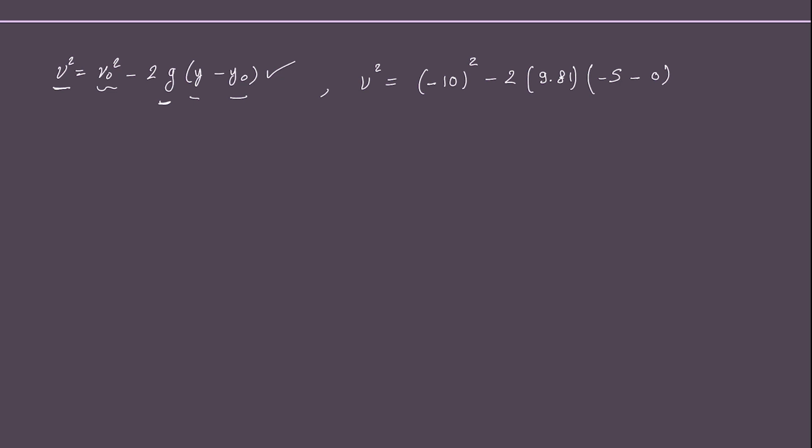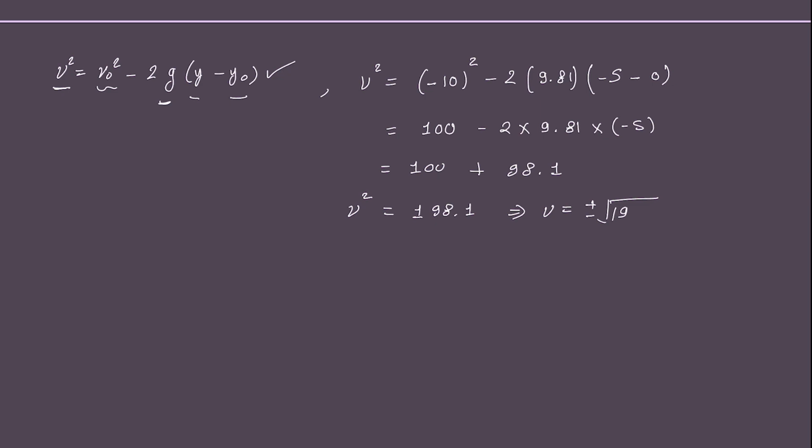If you solve this, minus 10 squared is 100, minus 2 times 9.81 times minus 5 gives you 100, minus times minus is plus, 9.81 times 2 times 5 is 98.1, and this equals 198.1. So v squared is 198.1. This means that v has two possible values, plus or minus the square root of 198.1.